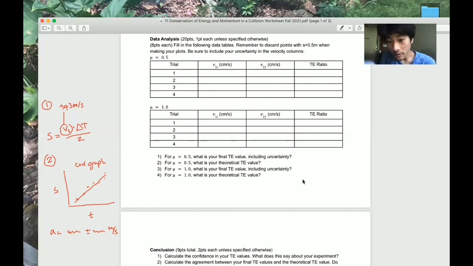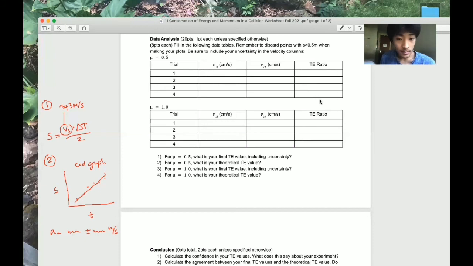And when they ask for this uncertainty, they're just asking for the standard deviation of the mean of these 4 numbers. So you're going to get 4 numbers here, and you're going to average these numbers, and your uncertainty will be the standard deviation of the mean of these 4 numbers. All right, so that's how you do that.